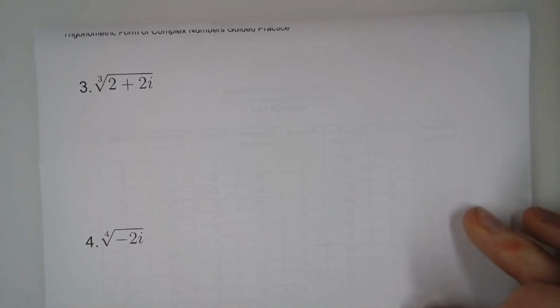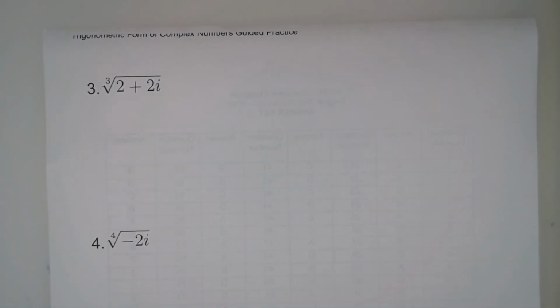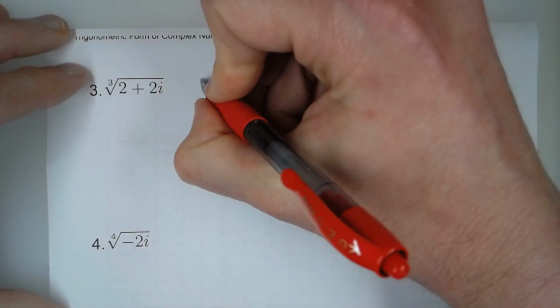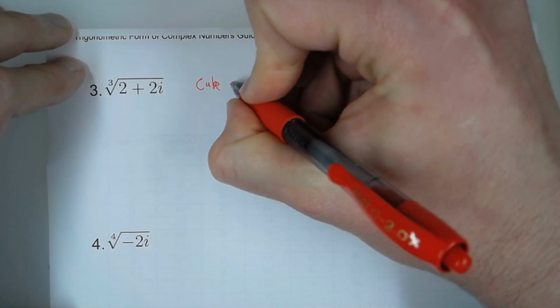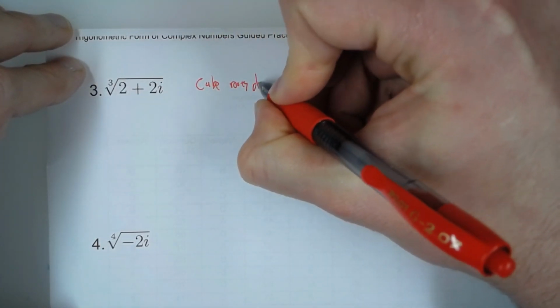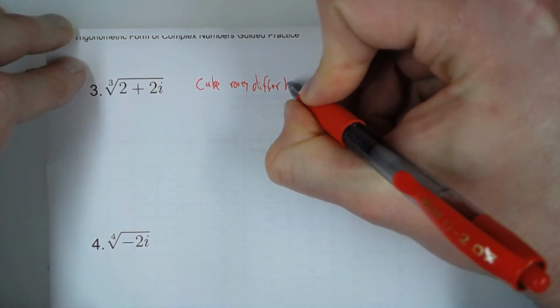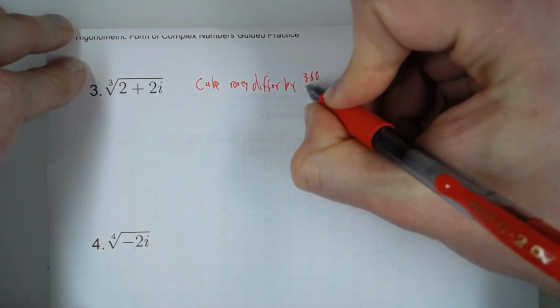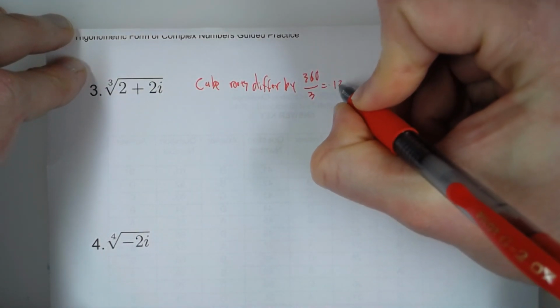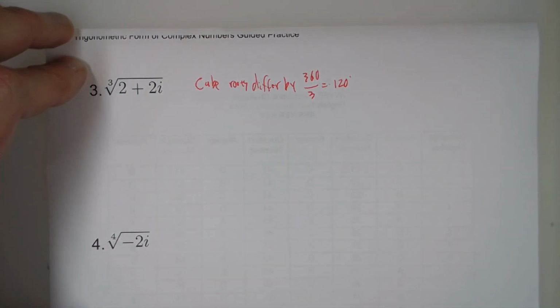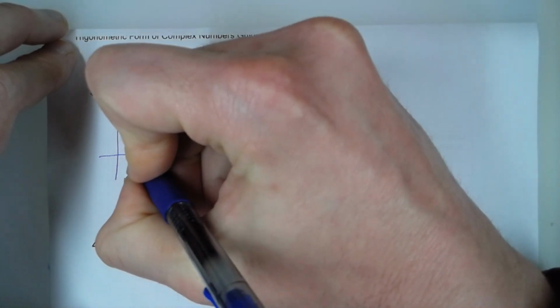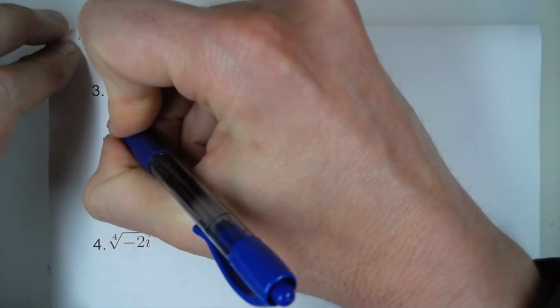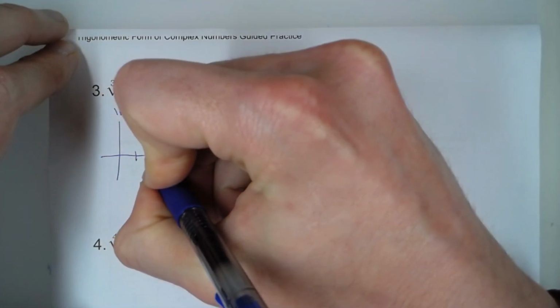Right. So next one, here we want the cube root. So cube roots differ by 360 degrees over 3, which is 120 degrees. So that's how they're going to be spread out. So we've got the real, we've got the imaginary.